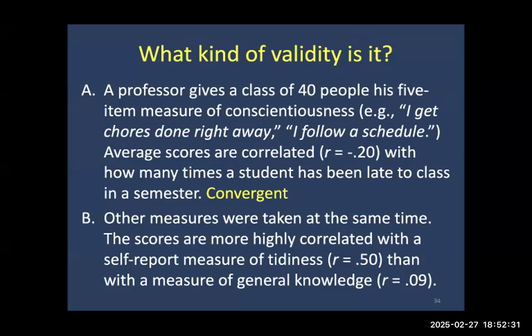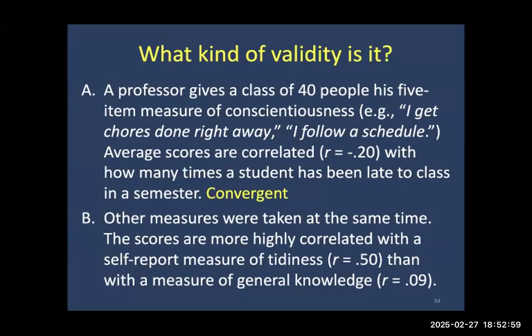Now, the fact that it's negative means there isn't really a good relationship, but we weren't intentionally looking at that. You use discriminant when you have constructs that you want to show are not the same thing. But it's convergent because we were thinking that how many times they're late to class is going to be related to how conscientious they are. So that's why it's convergent validity.